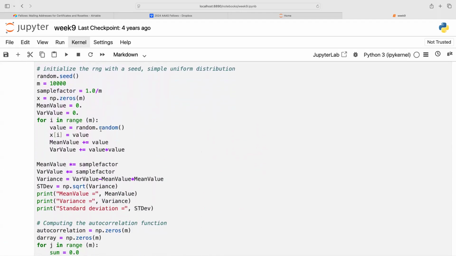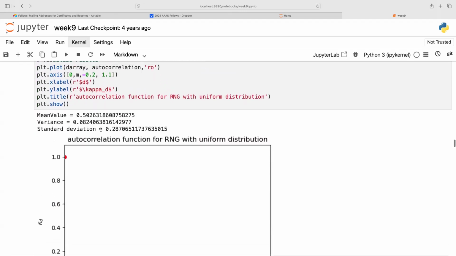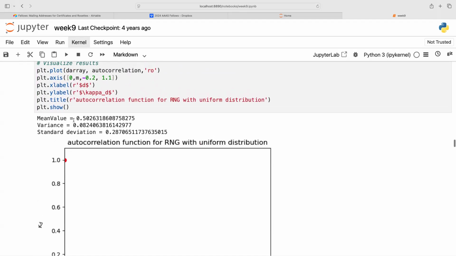So I just have a uniform distribution here, as you can see. And in the uniform distribution, we know that the mean should be exactly 0.5. And the variance is also something we can calculate exactly, and that is 1 over square root of 12, which is this quantity here.